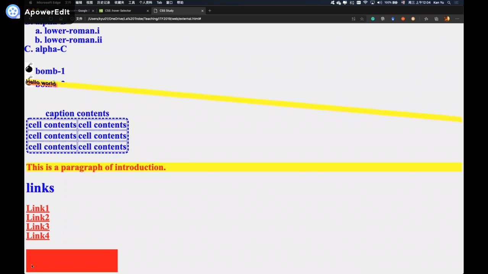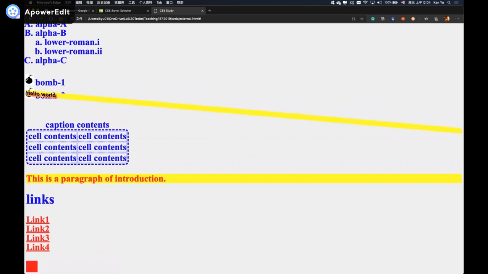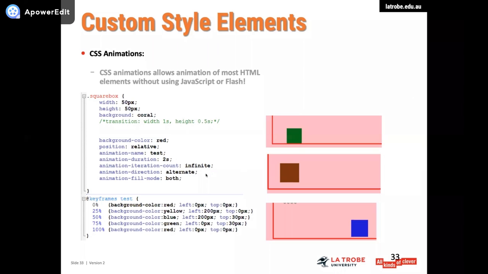Then is the CSS animations. CSS animations allow animation of most HTML elements without using JavaScript or Flash. Previously, in order to make a vivid, nice website, many websites tended to use JavaScript and Flash.